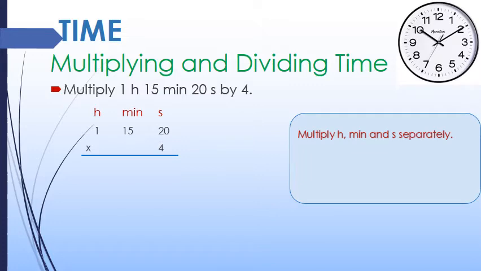20 seconds multiplied by 4 is equal to 80 seconds. 15 minutes multiplied by 4 is equal to 60 minutes. 1 hour multiplied by 4 is equal to 4 hours. So the product is 4 hours plus 60 minutes plus 80 seconds.